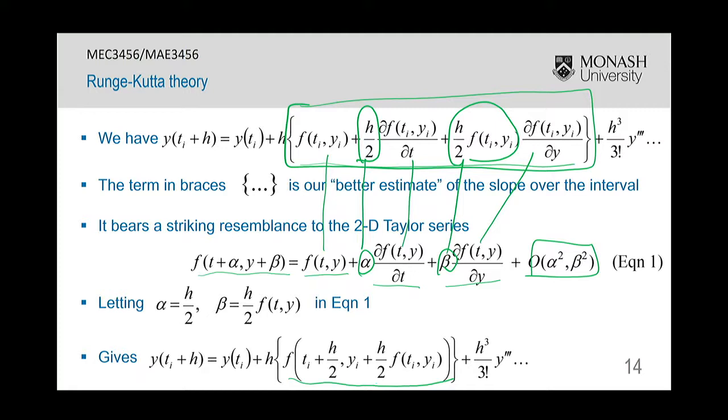So we've reduced this term here to a function evaluation at some other point. In this case, it's given by ti plus h on 2 and yi plus h on 2 times f.